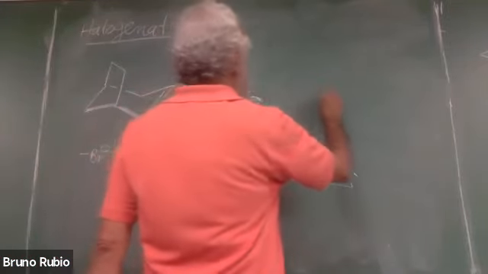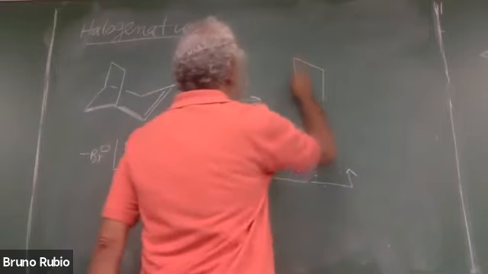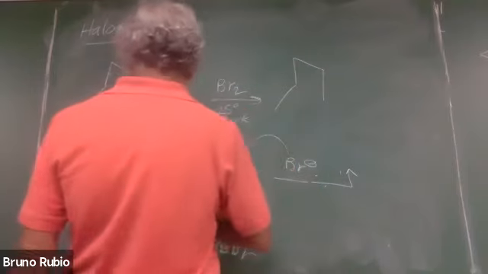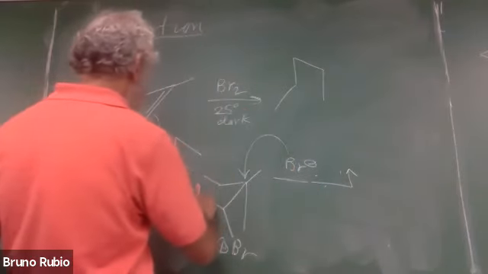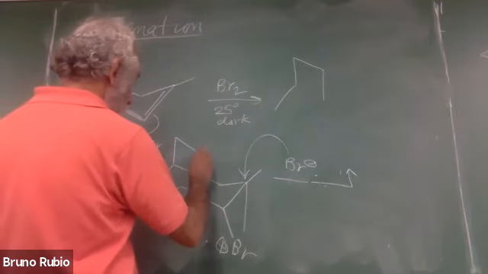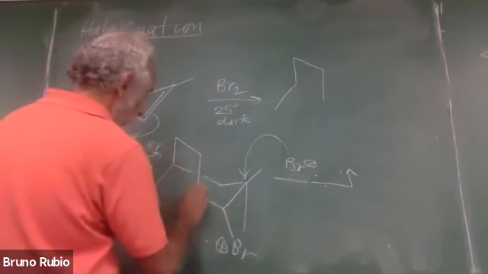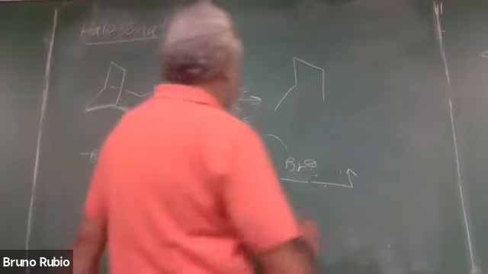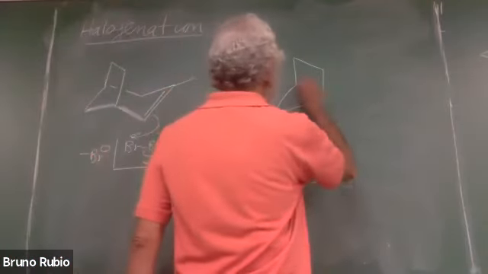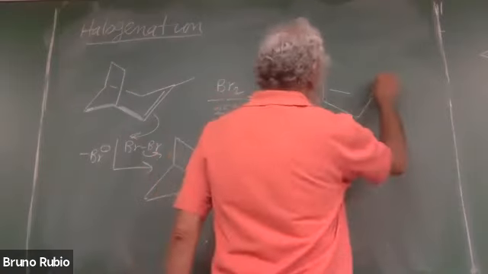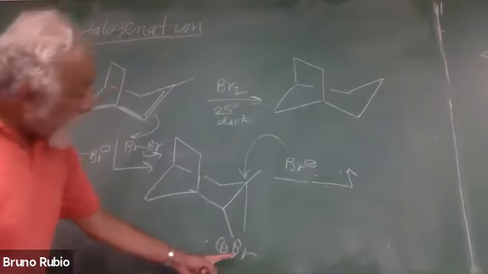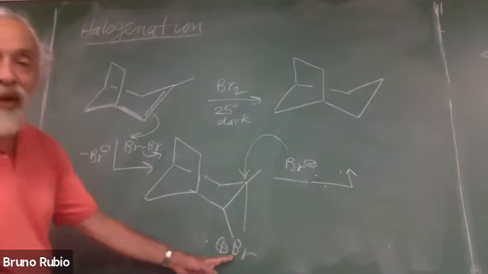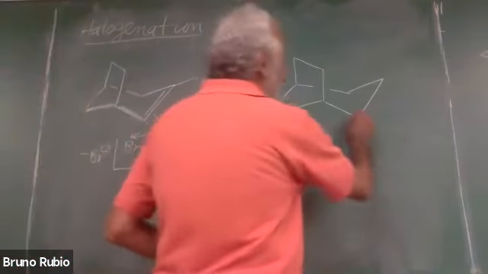Okay, we're ready to draw the structure of the product. It's supposed to look back. This Br is down, it stays down. That means axial.